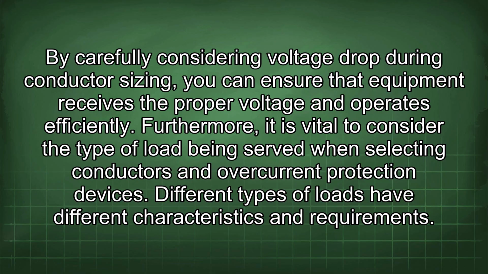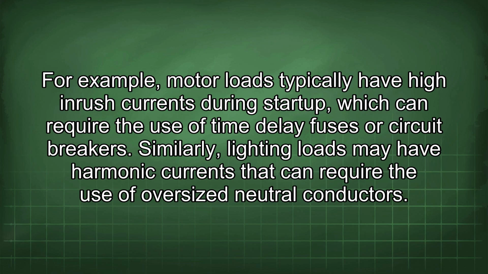Furthermore, it is vital to consider the type of load being served when selecting conductors and overcurrent protection devices. Different types of loads have different characteristics and requirements. For example, motor loads typically have high inrush currents during startup, which can require the use of time delay fuses or circuit breakers.